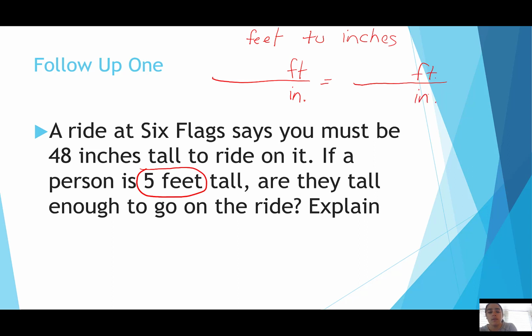So I know 1 foot is 12 inches, and here I have 5 feet. So to get from 1 to 5, I multiply by 5. So I'm doing the same thing on the bottom, and I see someone who's 5 feet is 60 inches. So they may go on the ride because you have to be 48 inches tall to go on the ride, and they're more than 48 inches tall.